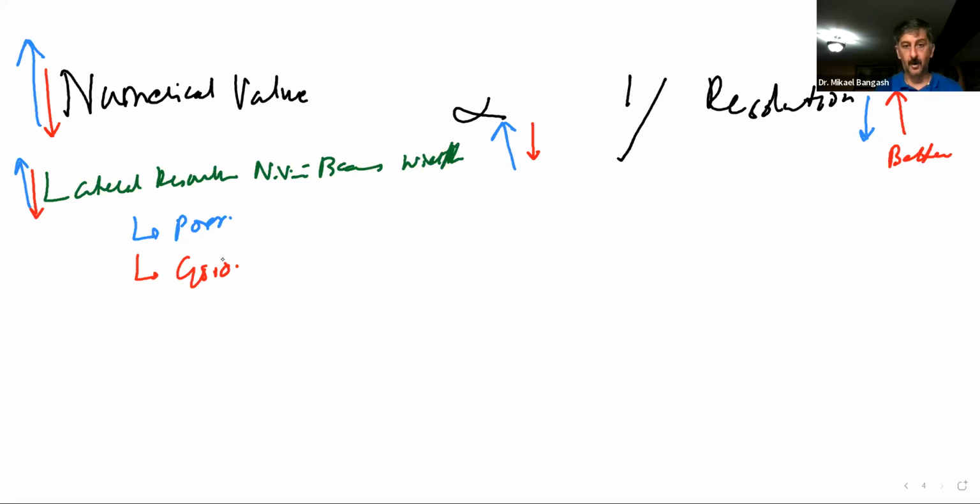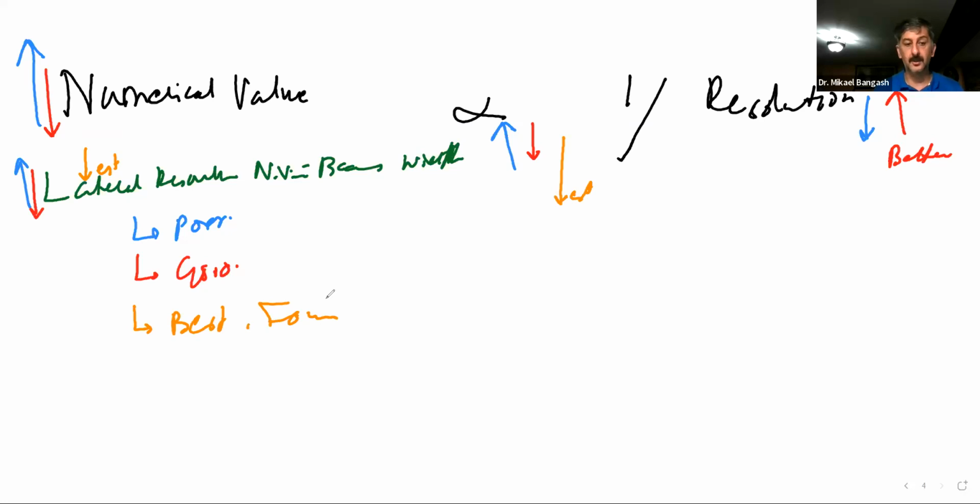Most likely, in the entire course of a beam, the best lateral resolution is where the numerical value of the beam is at its lowest, which mainly means the width of the beam is going to be at its lowest. And where do you usually find that? At the focus.